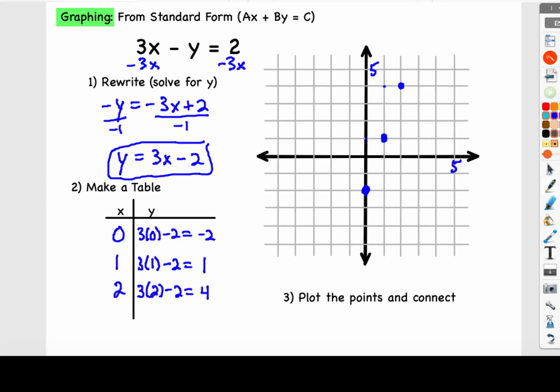We'll talk more about that in the future. And also we could go down 3 and left 1. So even though I didn't find this coordinate, my guess is at negative 1, negative 5, down in quadrant 3, we're going to have a coordinate there as well. We plotted our points. Let's connect our dots. And don't forget the arrows.